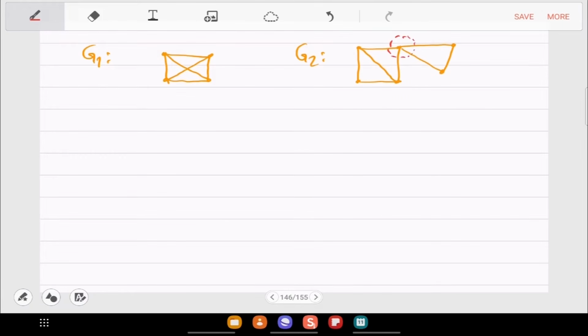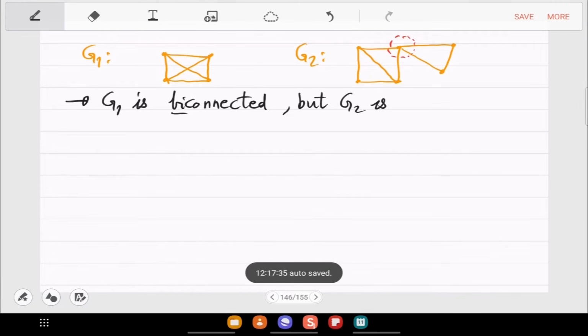So this is a single node failure. So G1 is bi-connected. But G2 is not. Is this clear?